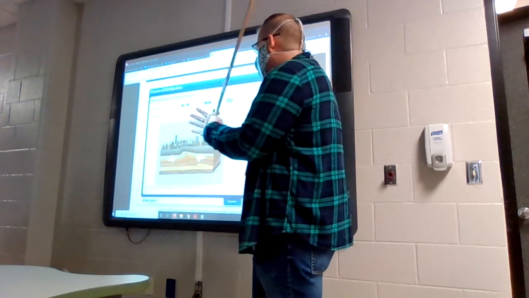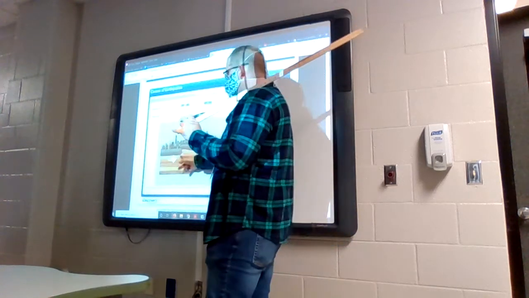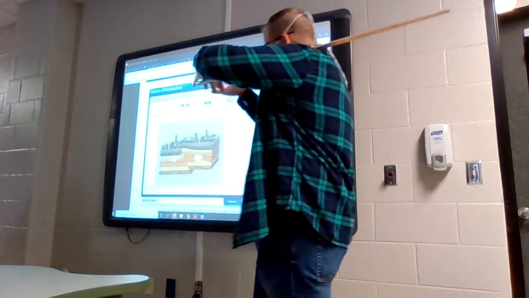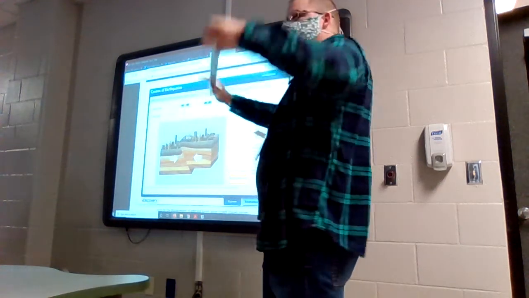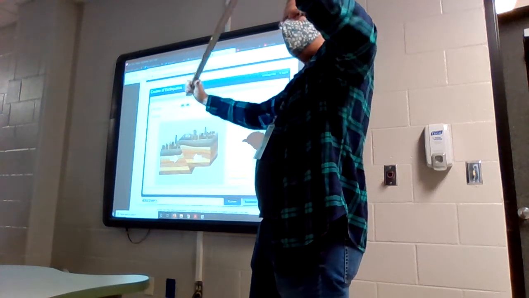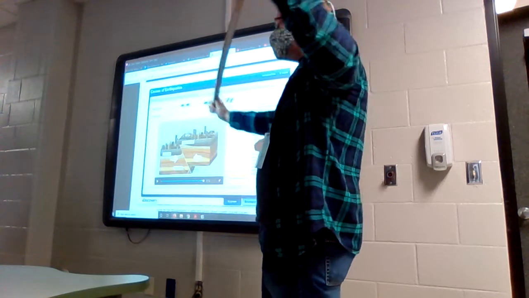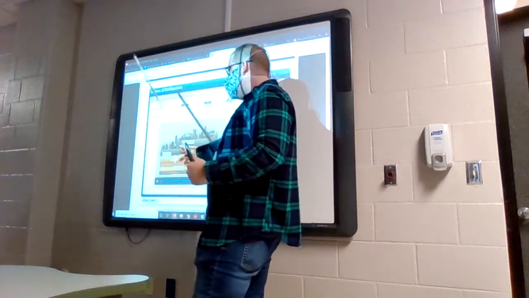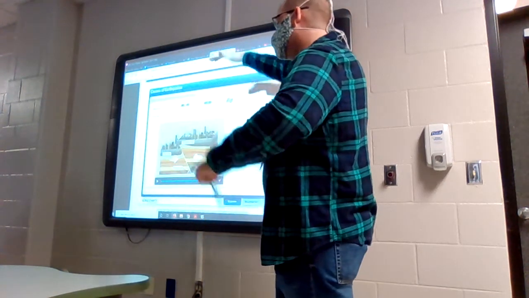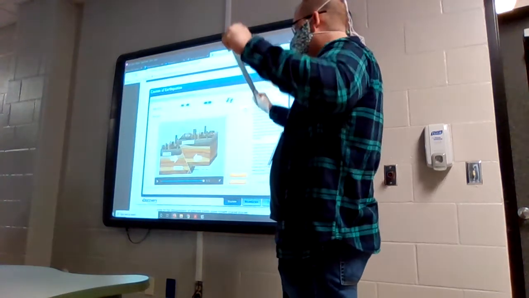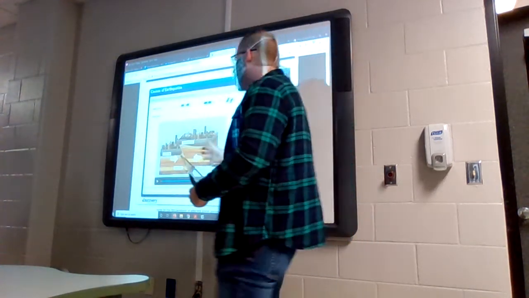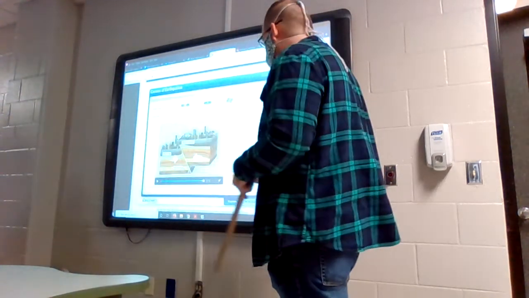You can see the ground being squeezed. You can see the rocks start to buckle before they break. Just like the wood I talk about, as I squeeze it, the wood's going to bend before it starts to break. Then once the break happens, I have my actual earthquake, and all that energy is released in waves everywhere.